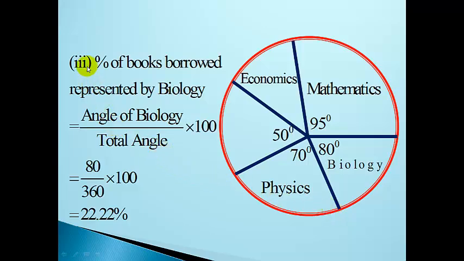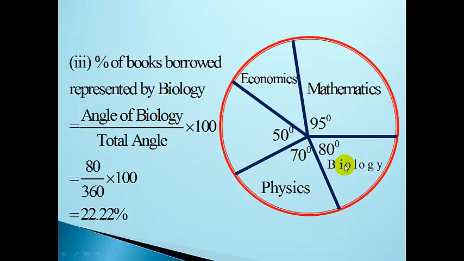Now, the percentage of books borrowed represented by biology. We are asked to calculate the percentage of books borrowed represented by biology. Now, when you consider the angle of biology, the angle of biology equals 80 degrees from the pie chart as shown.